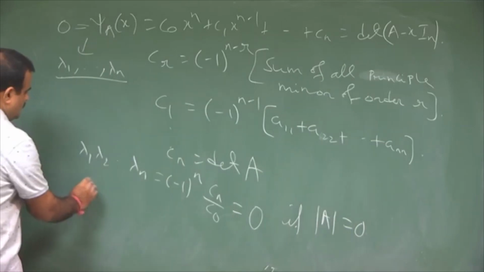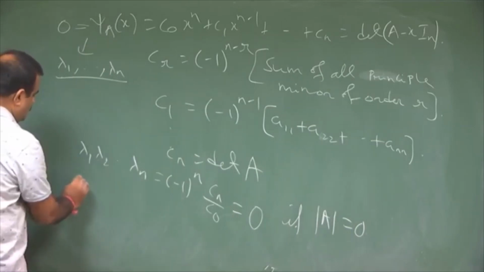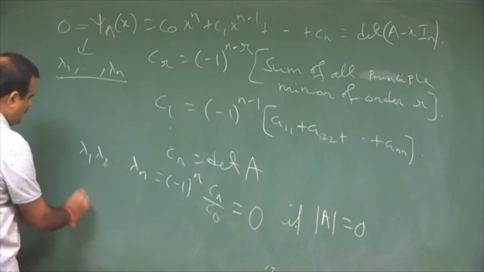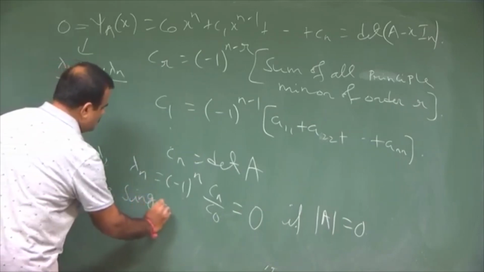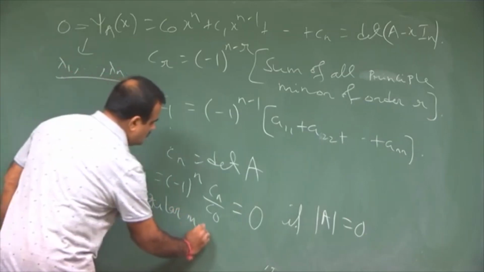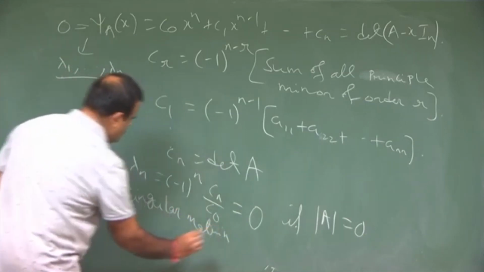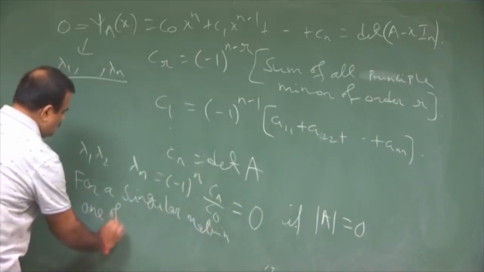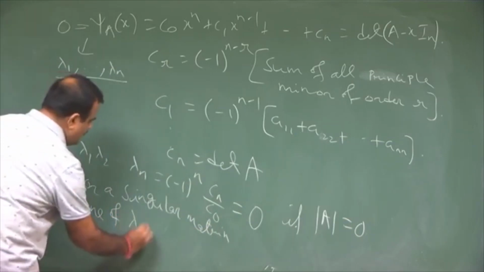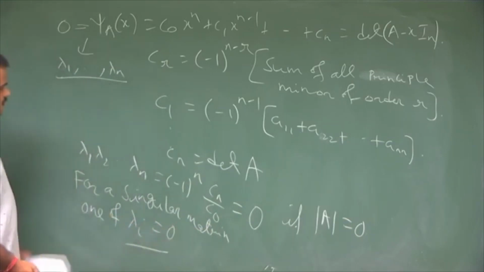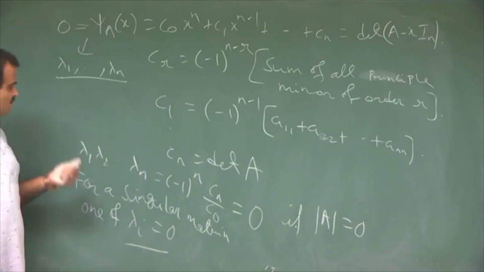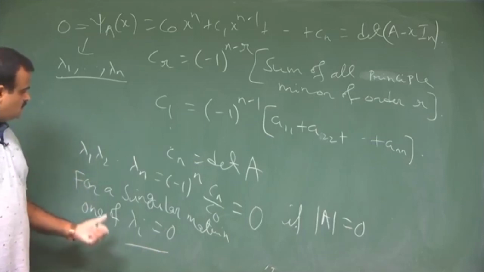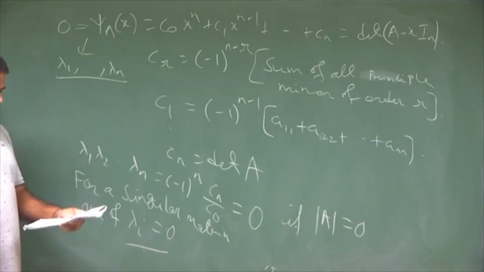So, for a singular matrix, one of the eigenvalues lambda i should be 0, because this product is 0. Product is 0 means one of these lambdas has to be 0. So, this is one observation.